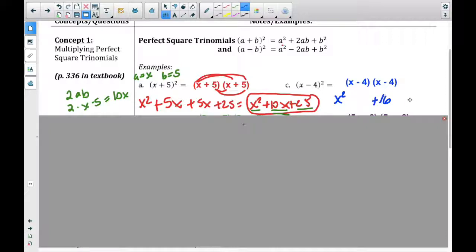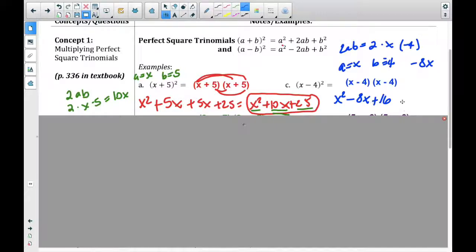The middle term is the 2ab. Well, a is x, b is negative 4. So 2ab is 2 times x times negative 4, which is negative 8x. That minus sign and that negative sign mean the same thing. So if there's a minus in here, just make sure that that term is a minus.